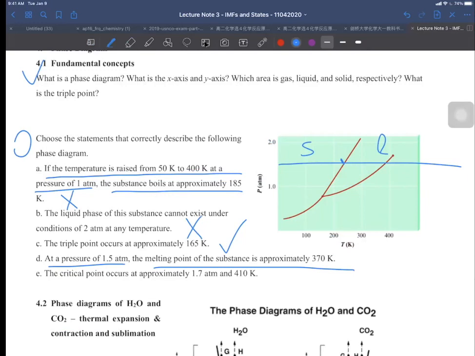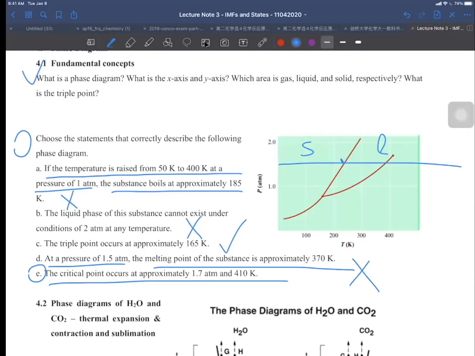I think this is incorrect, because it's between 200 and 300, right? Let me know if I make any mistake because I'm using my finger. Sometimes it affects me. Last one: the critical point occurs at approximately 1.7 atm and 410 K.